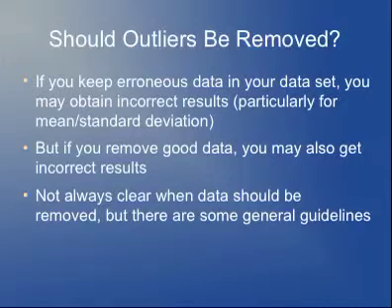But if you toss good data, that can also mess things up. So when do you get rid of it? This is where it's really a judgment call, and it's as much of an art as a science. I can't give you a list of rules that tell you what to do in every situation, but I can give some general guidelines.